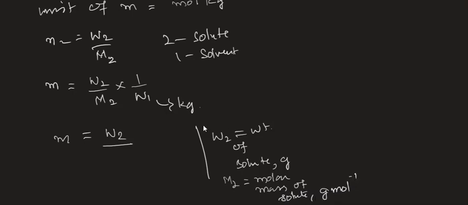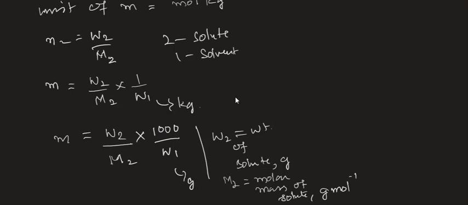So W2 by M2 into 1000 divided by W1, because we are going to convert gram to kg, so you can put 1000 divided by W1. Now W1 is in gram. Please note this down.